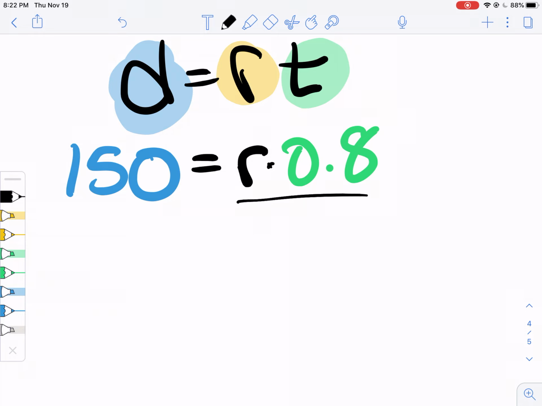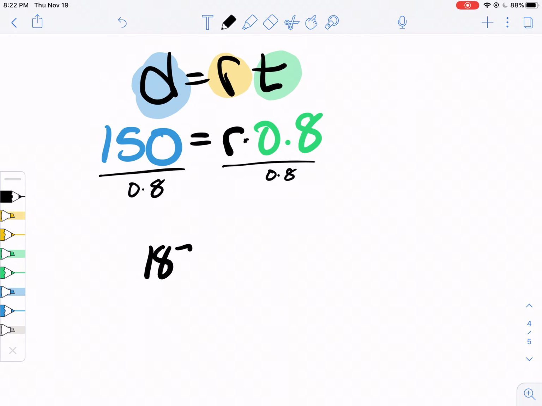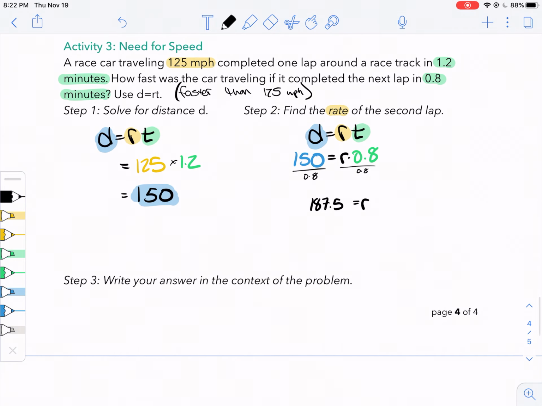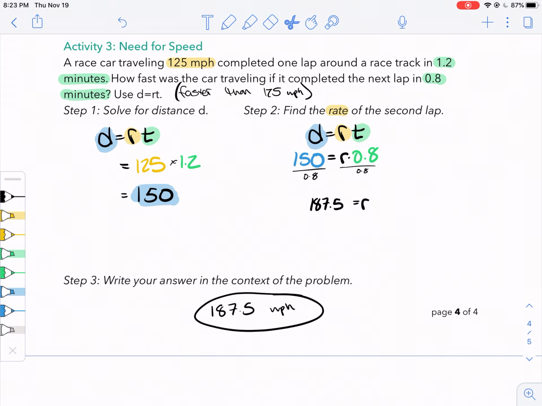To get R all by itself, we're going to divide by 0.8 on both sides, and we get 187.5 equals R. That means the car was traveling at a rate of 187.5 miles per hour. And is that faster than 125 miles per hour? Yes, it is. So we probably did something right.